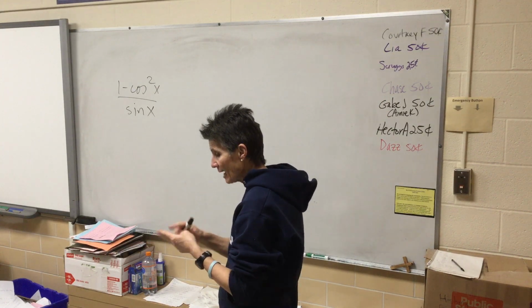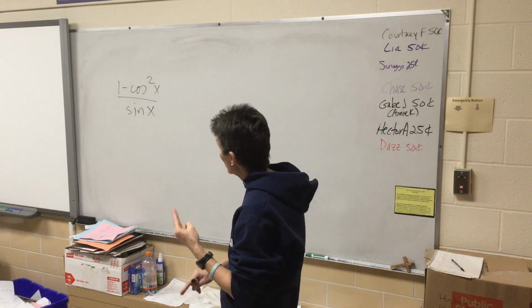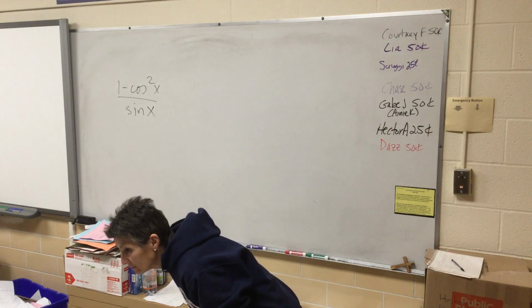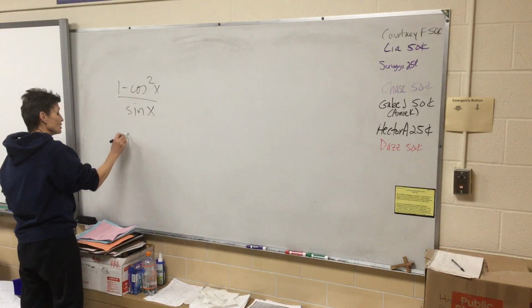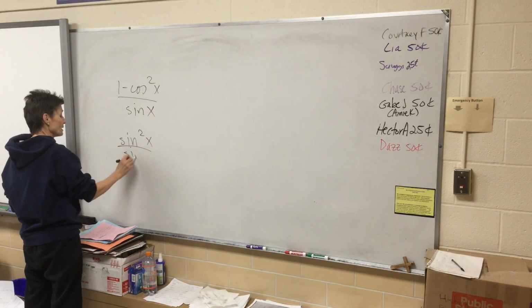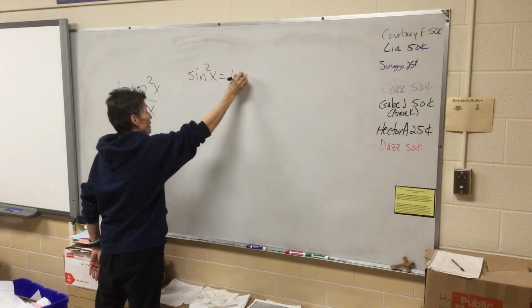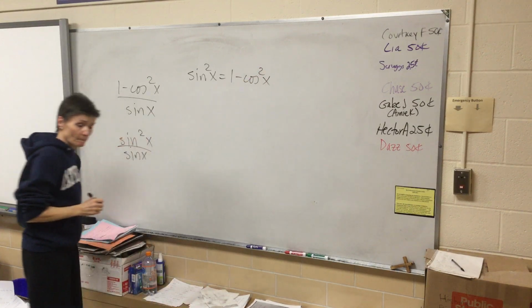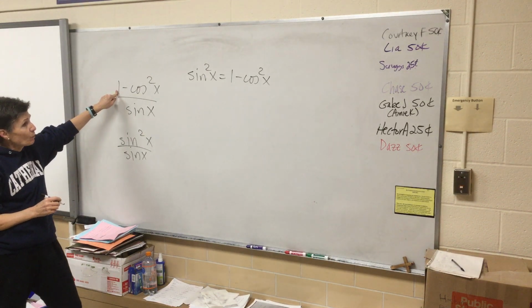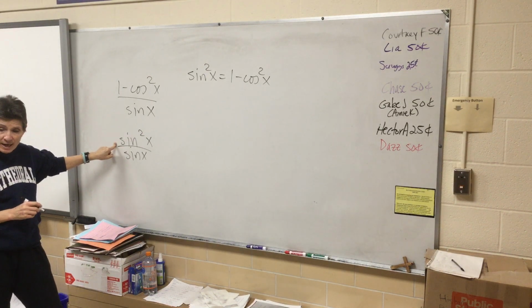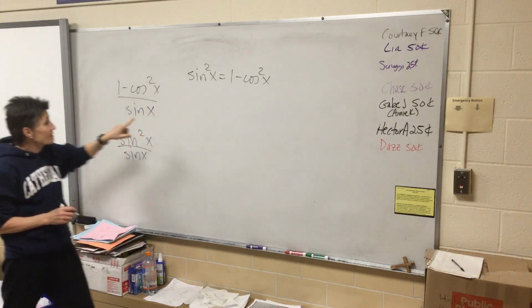You have 3 identities that involve ones and squares. Tell me about one. Go ahead. Isn't the top sine squared? It absolutely is. That's written on your colored sheet, or at least it should be at this point. You have written on your sheet sine squared equals 1 minus cosine squared. So when you see a 1 minus cosine squared, you can just change that into a sine squared, because 1 minus cosine squared is sine squared.